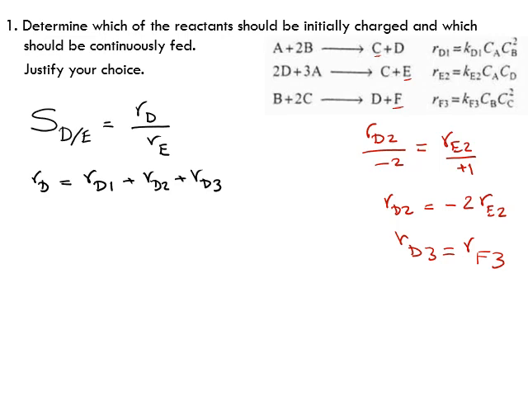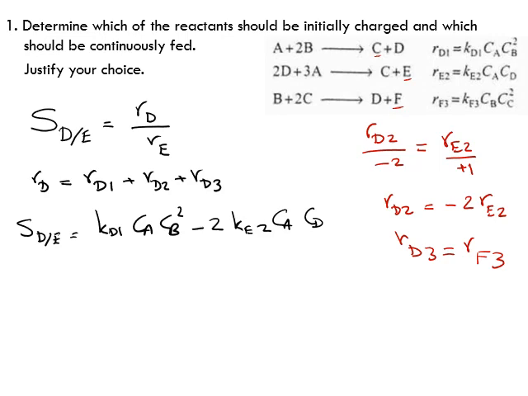So S_D/E equals RD, which equals RD1, where RD1 is KD1 CA CB squared. And then we have RD2, which equals minus 2 times RE2. So that is minus 2 times KE2 CA times CD. What about RD3? We said RD3 equals RF3.